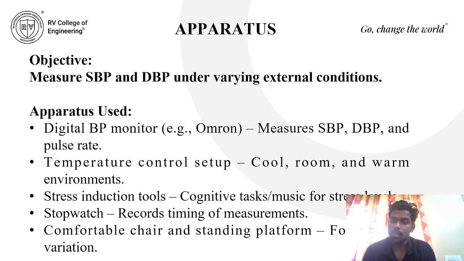It measures the SBP and DBP and the pulse rate, but we took into consideration only the SBP and DBP for our experiment. For the temperature control setup, there were cool room and warm room conditions.